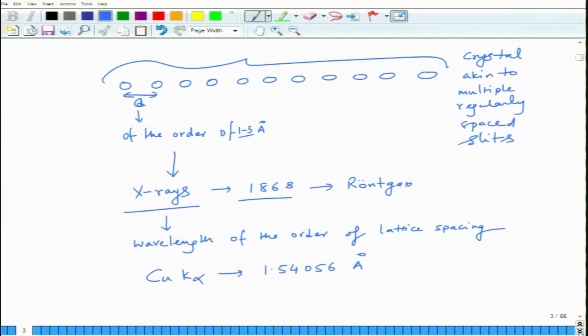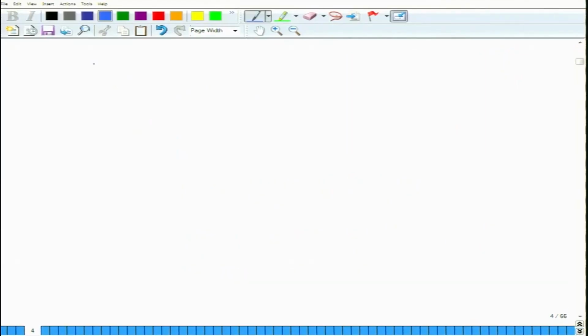A lot of work was done in the early 1900s. In 1912, von Laue discovered X-ray diffraction from crystals.